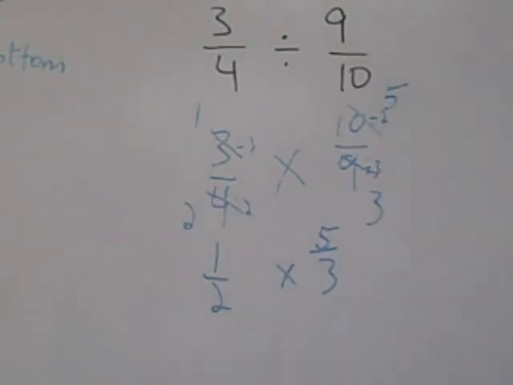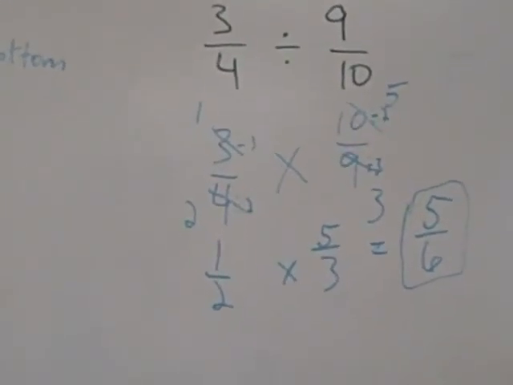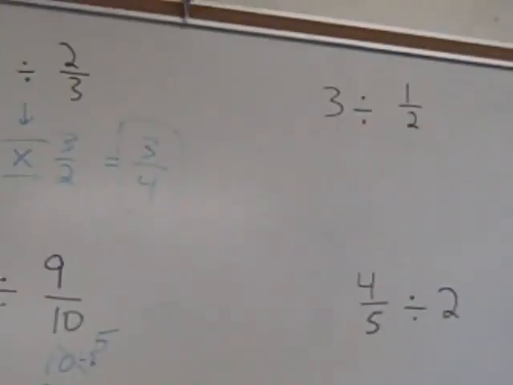So now, what do I do? 1 times 5, and 2 times 3, 6. So it's 5/6. Anything left, or is that it? That's it, because we flipped it.